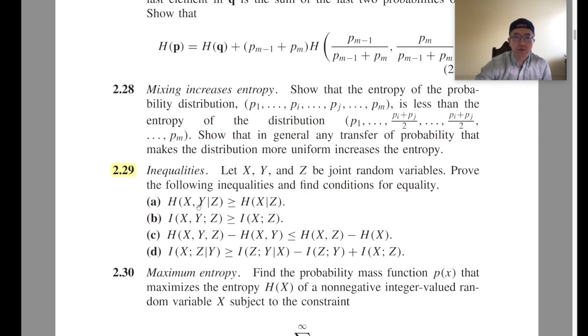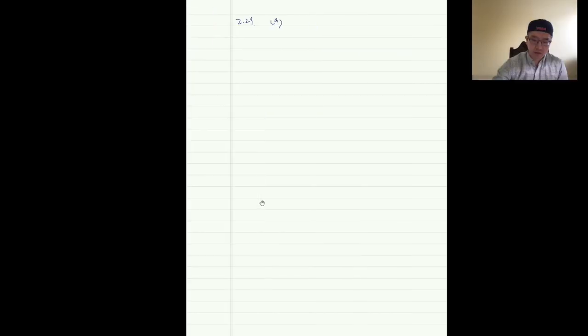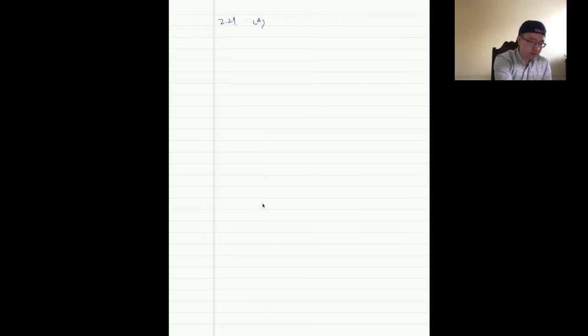Okay, so the first one, part A, we need to show this guy is bigger than this guy, and of course we need to also show the condition where the equality sign will hold. Okay, and this is pretty straightforward, right? It's like the joint entropy, of course, is bigger than just entropy, right? Okay, so this is a conditional version of that, right? So that is straightforward.